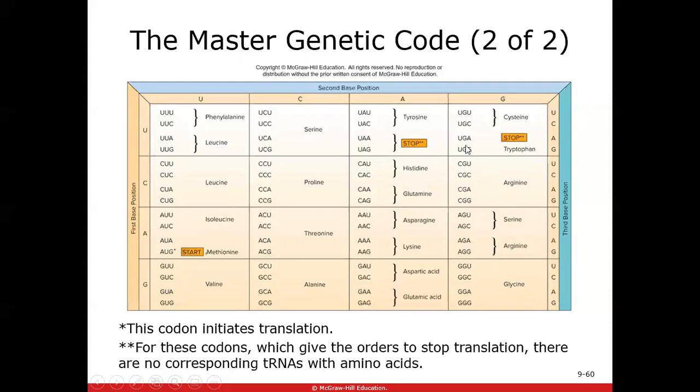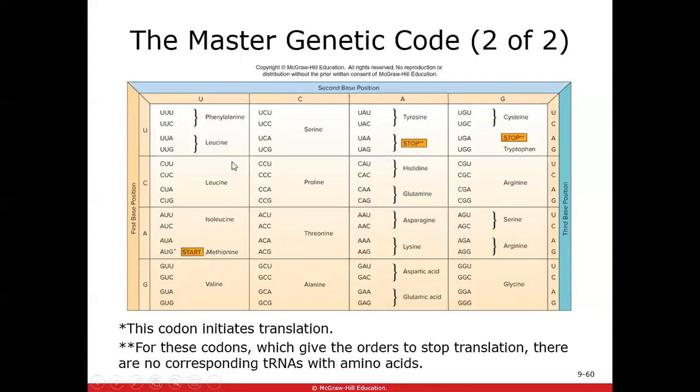And then there's certain codes, like uracil, guanine, adenine, that have no corresponding amino acid, and so it's a stop codon. That's the same with uracil, adenine, adenine and uracil, adenine, guanine. Those are stop codons. And then there's a start codon, adenine, uracil, guanine, which is associated with methionine, and that's a start codon.